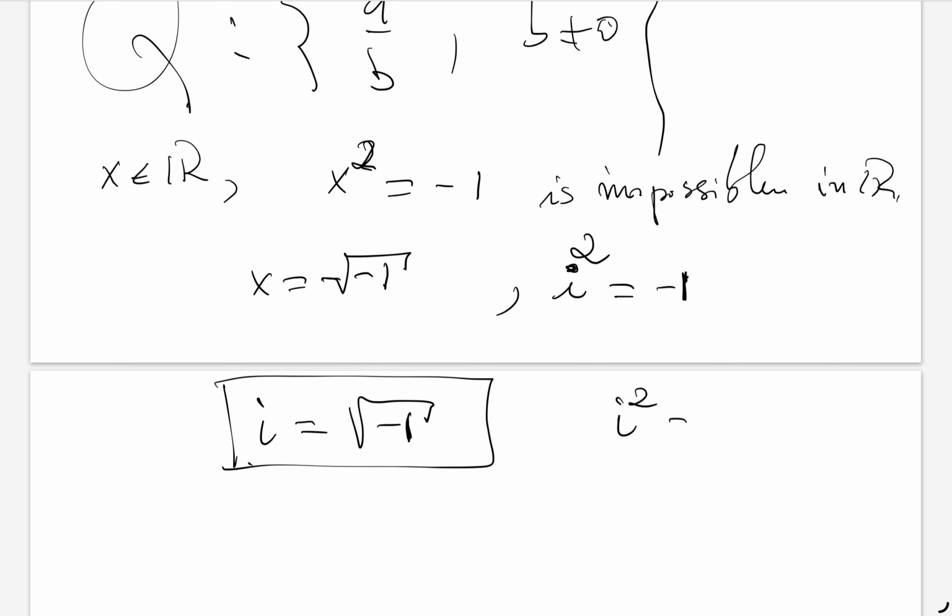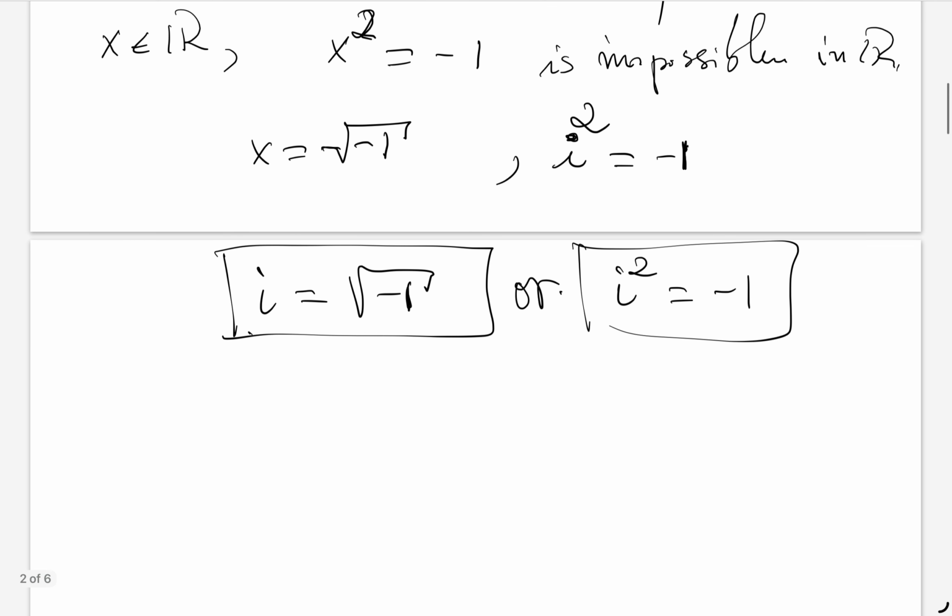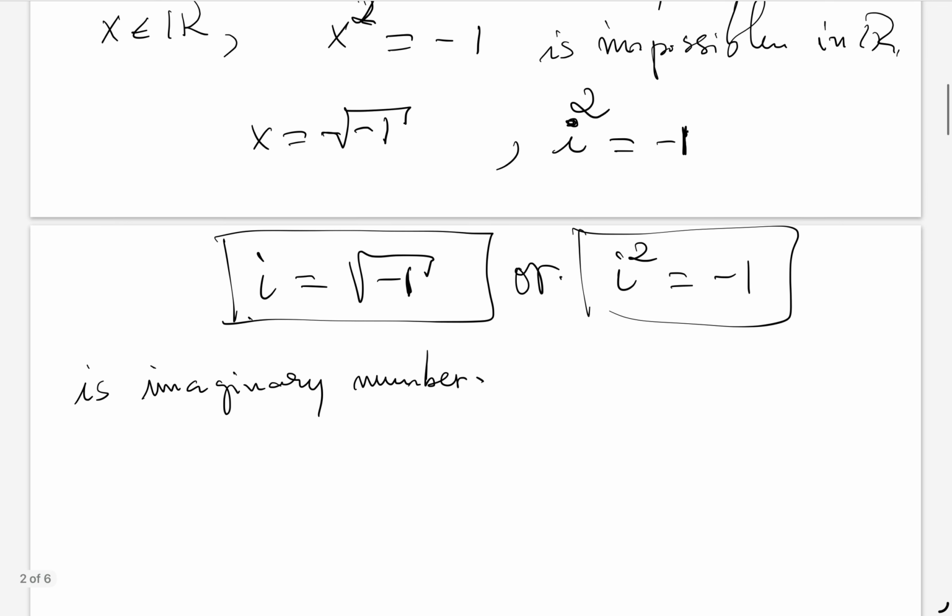Both ways are good. And i is called the imaginary number. That's your point you have to understand.